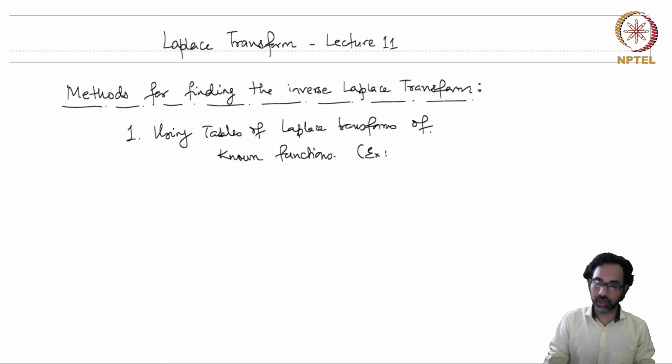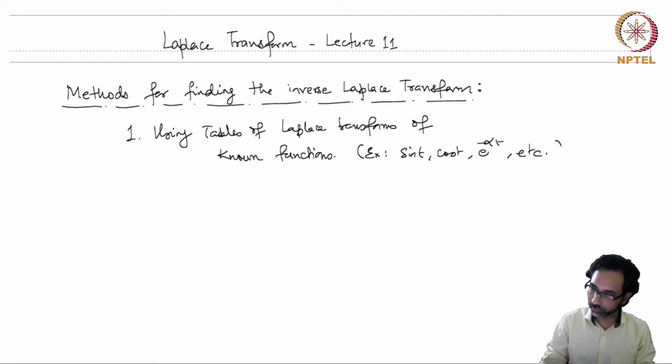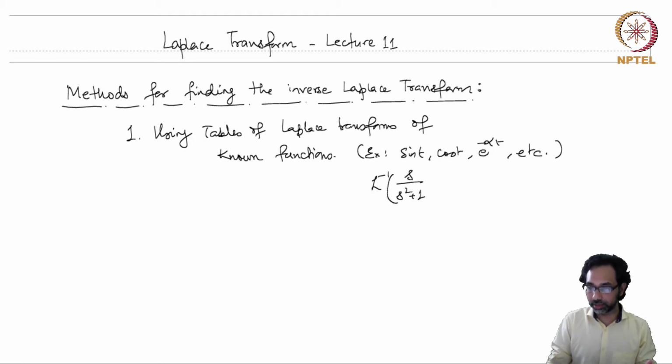For example, you know the Laplace transform of sine t, cos t, e to the power alpha t, e to the power minus alpha t, etc. And if you are given a function in s, such as s over s square plus 1, then you can immediately know that it's the Laplace transform of cos t.